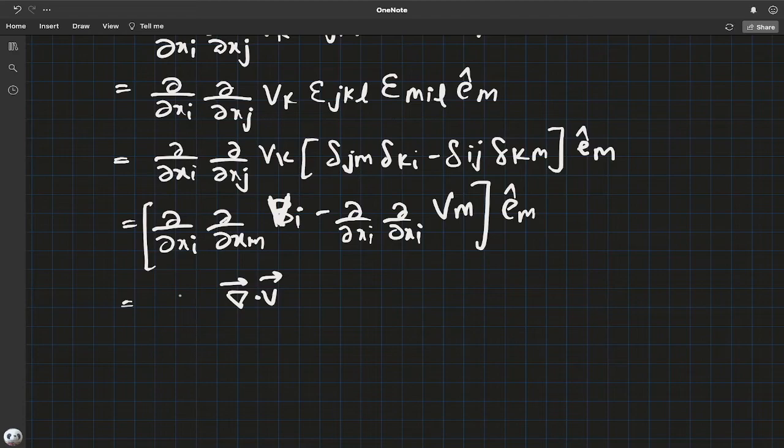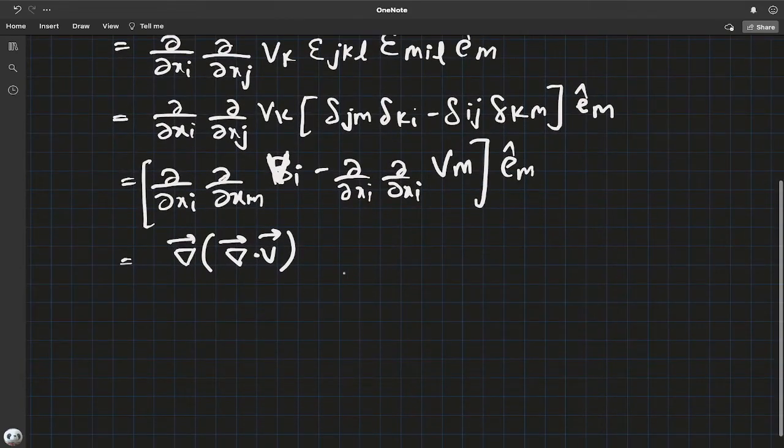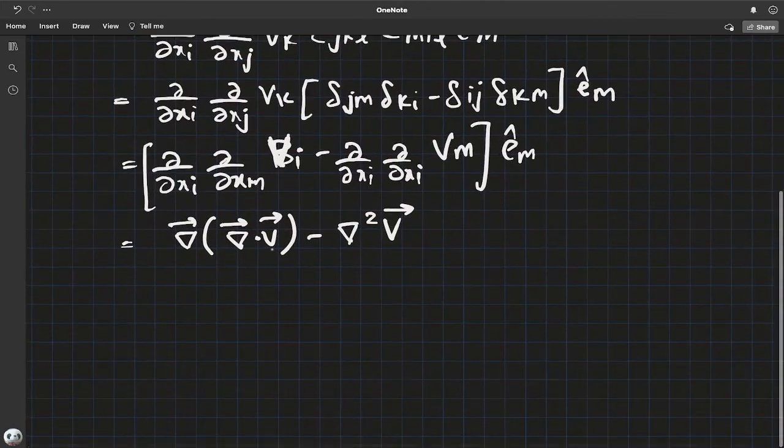So notice that to be the gradient of this, minus, now this is a vector Laplacian. So although we have the same indices for the partials, we have a Vm summing over Em. So this is the expression for double curl of V.